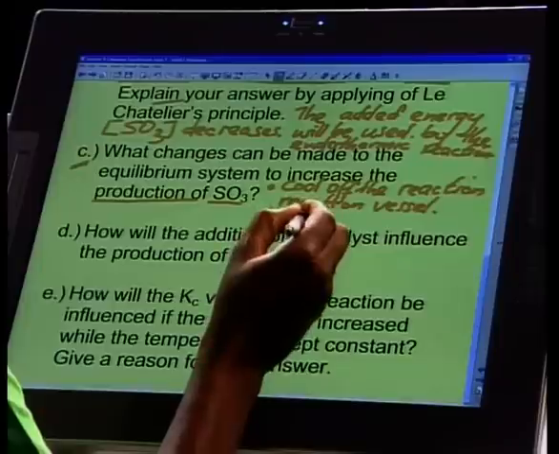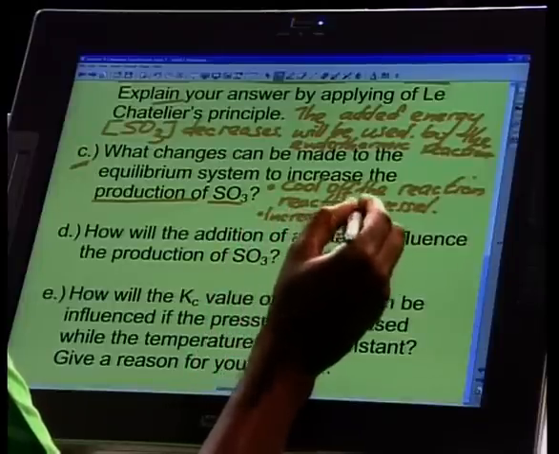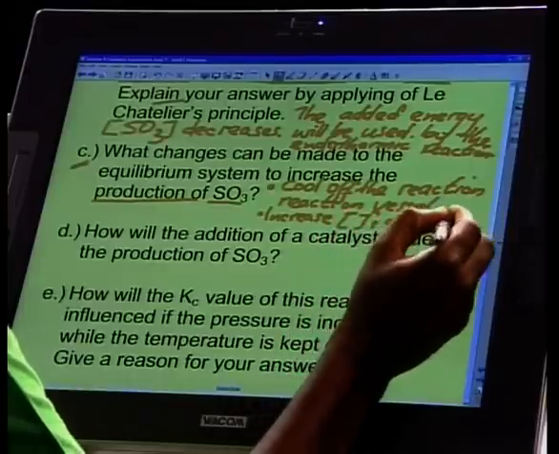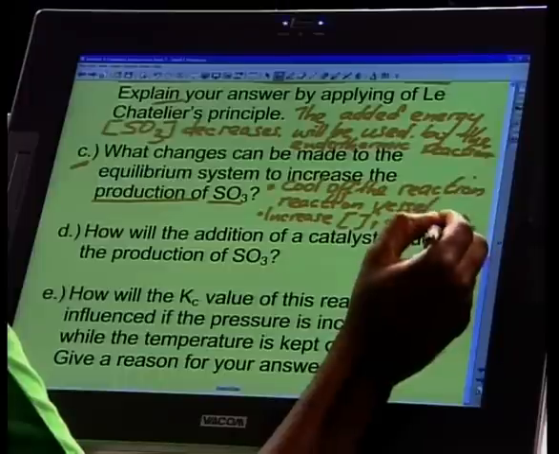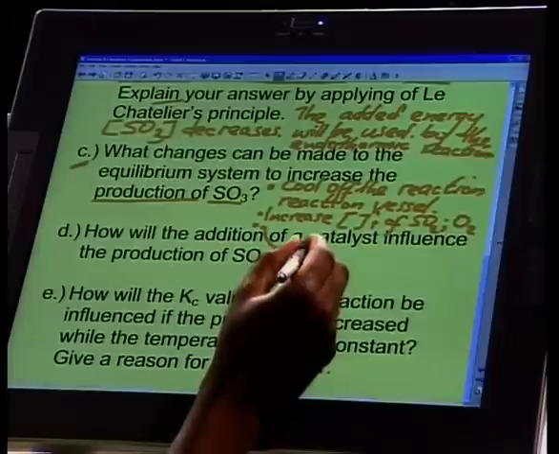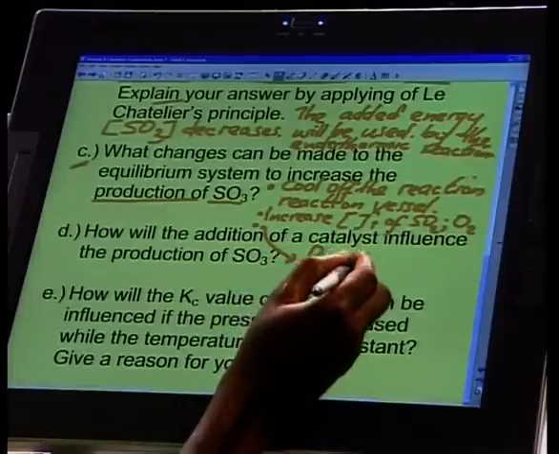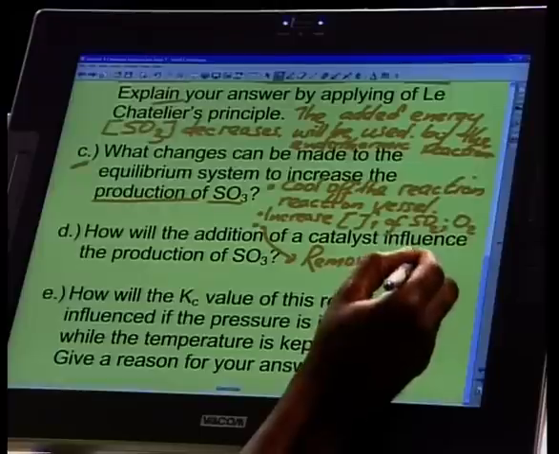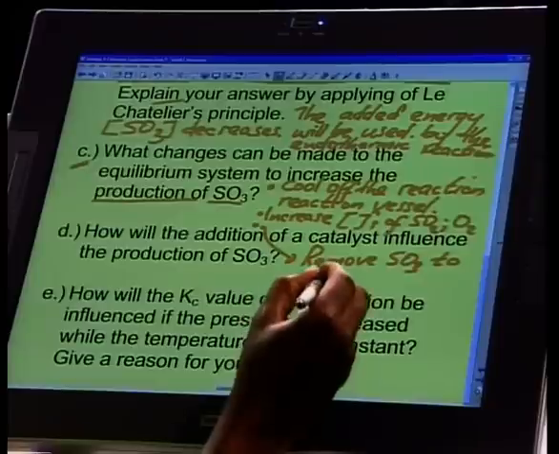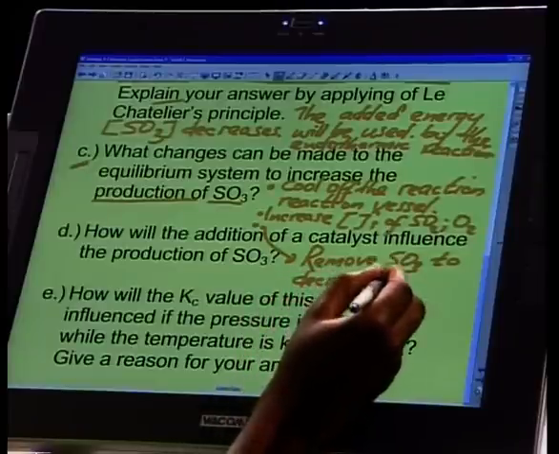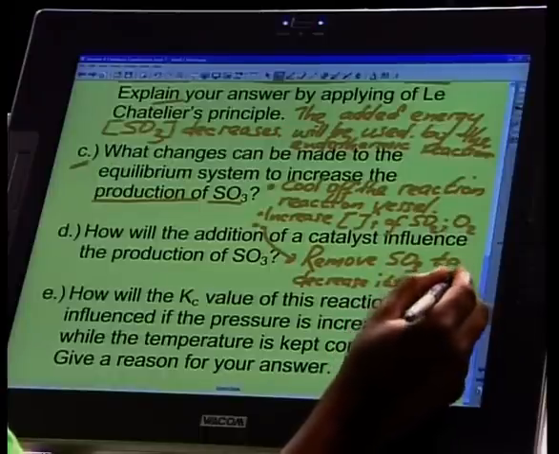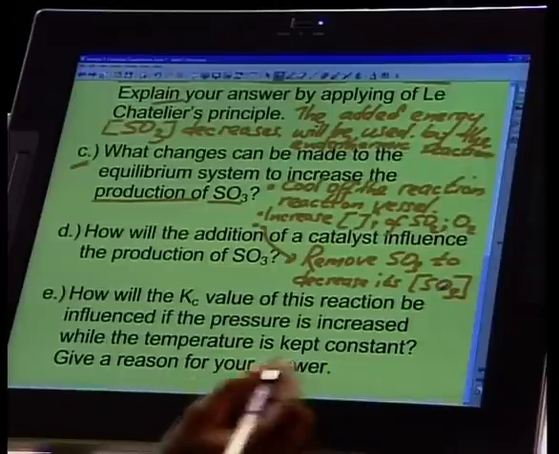Two, increase concentrations of SO2 and O2, those two. What else can we do? We can always remove. That's another thing that is coming to mind now. We can remove SO3 to decrease its concentration, so that the equilibrium would want to move to the right. That we can do as well.